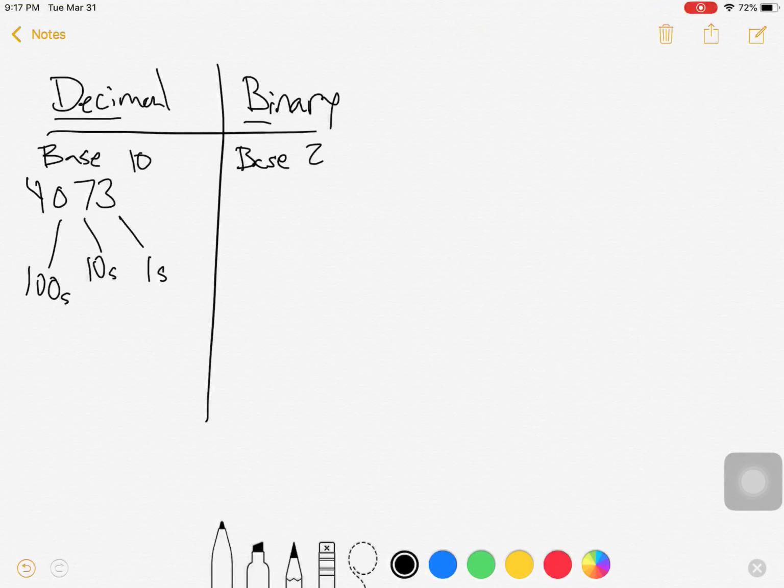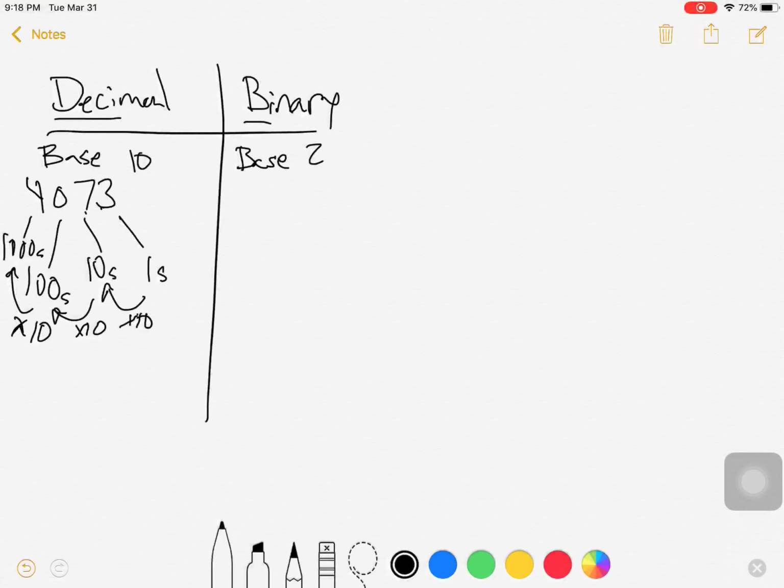This is the hundreds digit. And that's the thousands digit. And notice every time we go up a digit, we're multiplying by 10. That's what base 10 means, that each number is based on multiples of 10. So the ones, tens, hundreds, thousands.